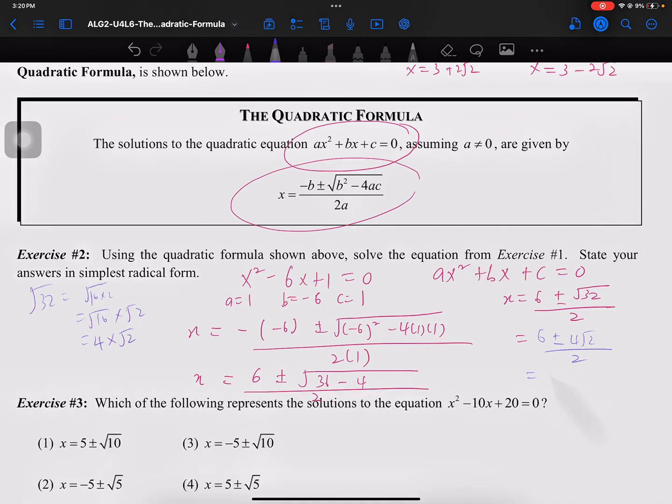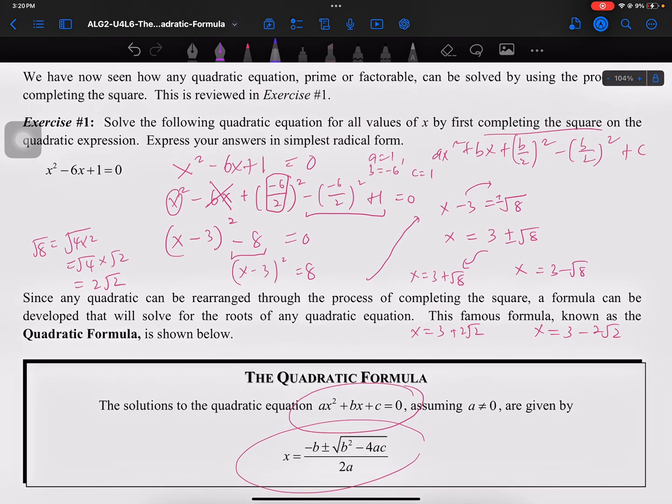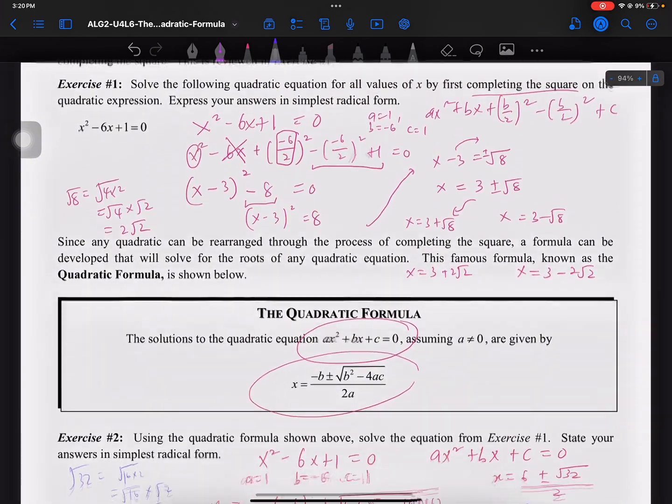We factor out 2 first: 2 times 3 plus minus 2 root 2. Then we can divide top and bottom, 2 divided by 2 is 1. So x is 3 plus minus 2 root 2, same as question 1 where we used completing the square.